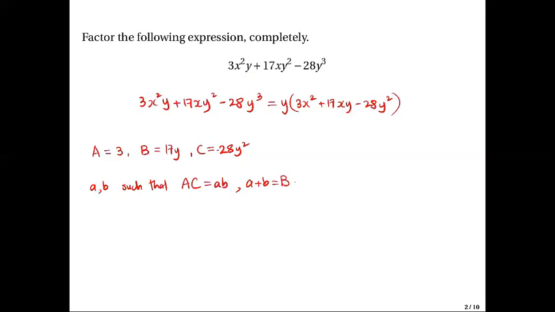In here, capital AC is equal to what? 3 times negative 28y squared. So this is equal to negative 84y squared.